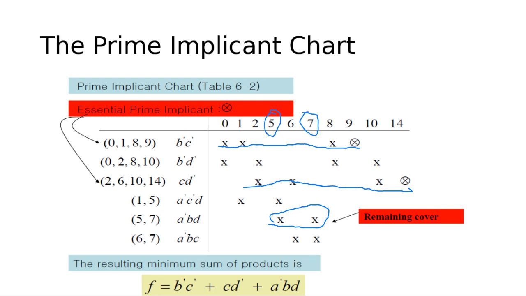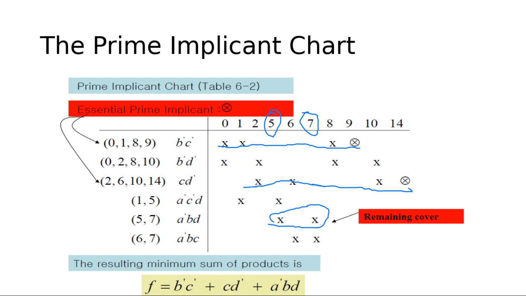Actually, you have to decide yourself. You have to look at the chart and decide which of them are the simplest and which of them include all of the min terms. How can I create the simplest function using all of the min terms? Okay, you have to decide it.